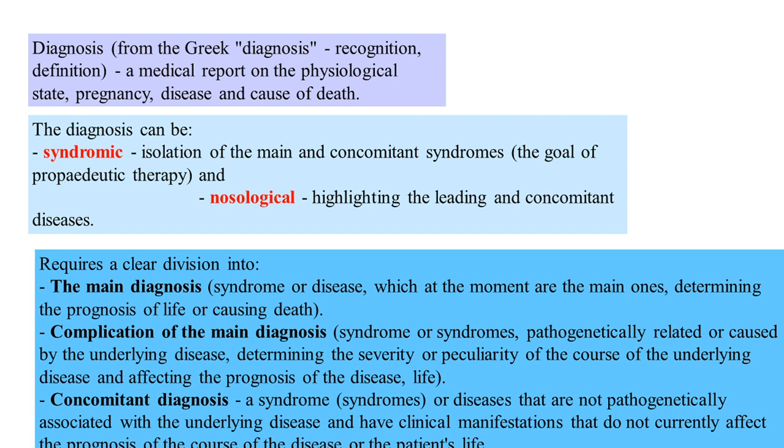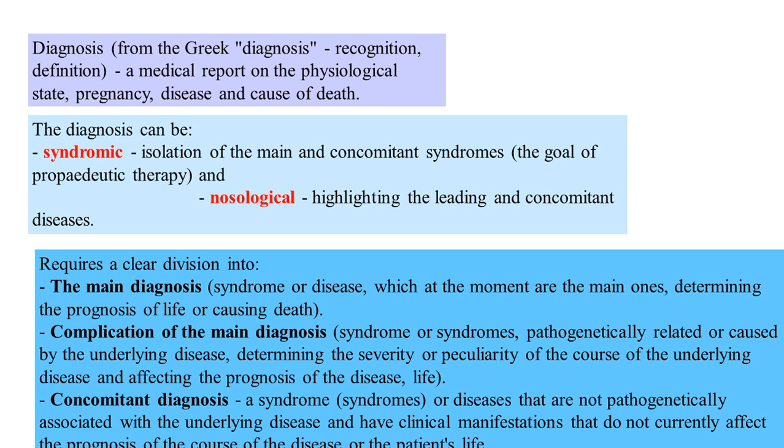What is diagnosis? From Greek, diagnosis is translated as a medical report on the pathological state, pregnancy, disease, and cause of death. There are two types of diagnosis: syndromic diagnosis and nosological diagnosis. Syndromic diagnosis is isolation of the main and concomitant symptoms. The main goal of propedeutic therapy is putting and finding out the syndromic diagnosis.